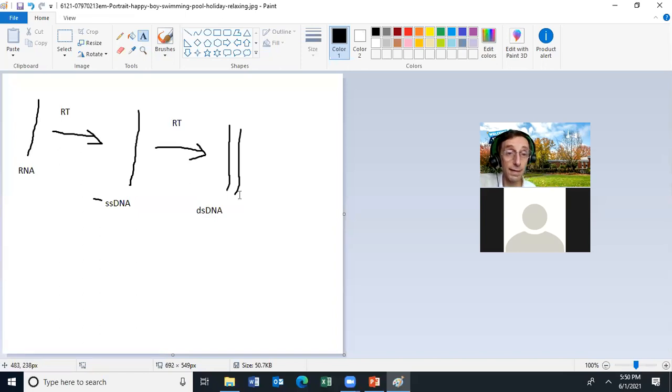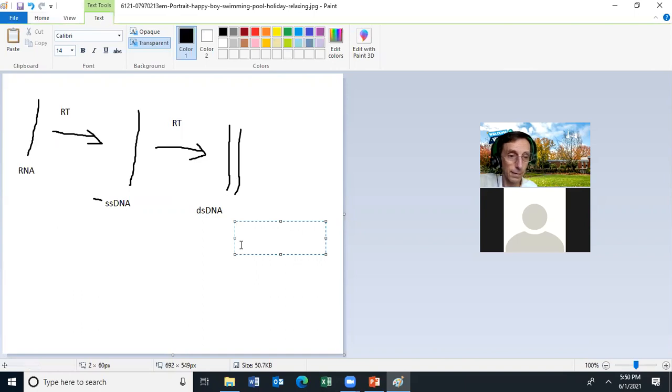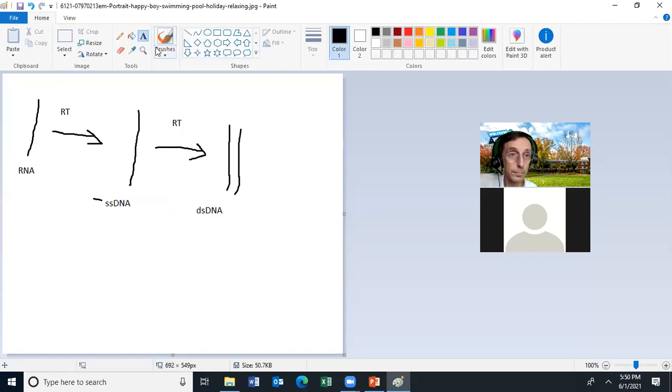The double-strand DNA, and this happens in the nucleus, the RNA moves into the nucleus of the cell, and the double-strand DNA will then integrate into the host cell DNA.